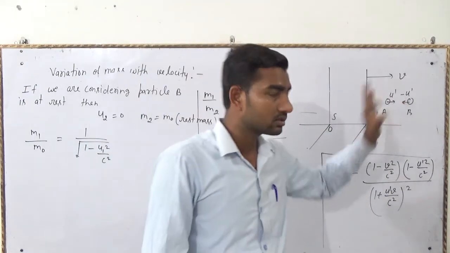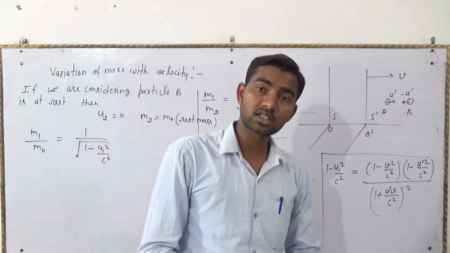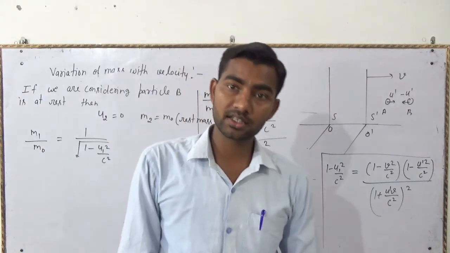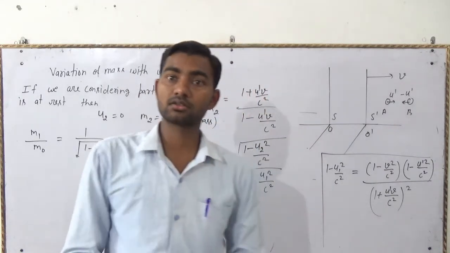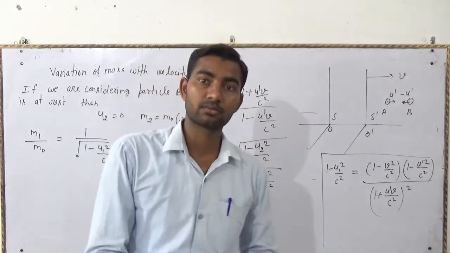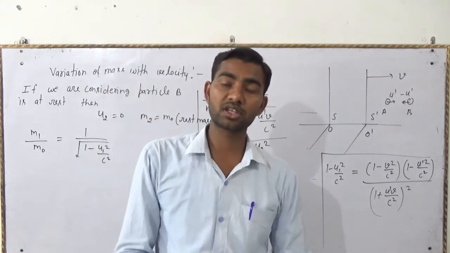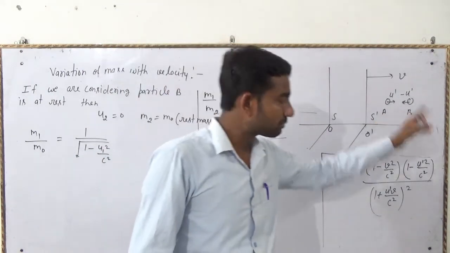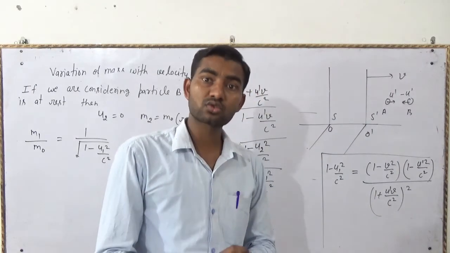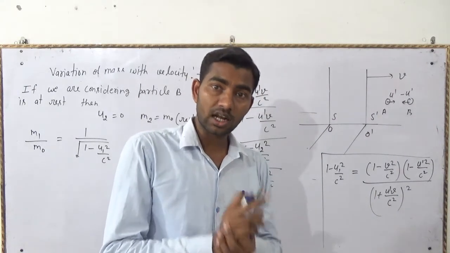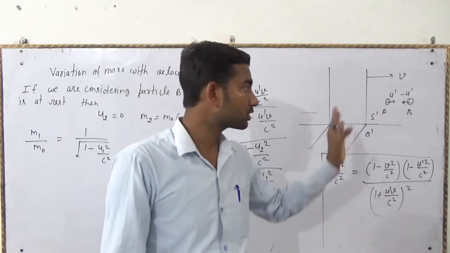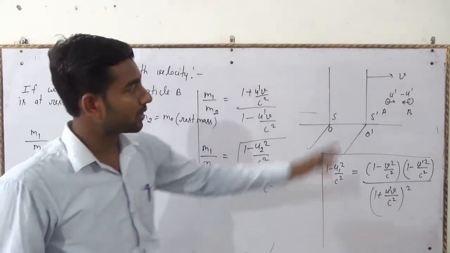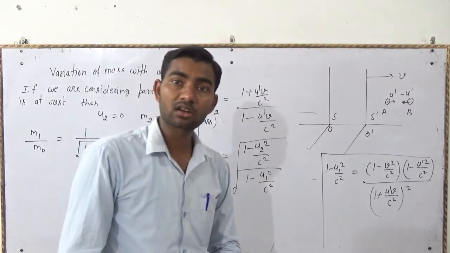If mass of one particle is m naught, because both particles are identical, it was my assumption in the starting, in the previous lecture, first part of this topic. So we have assumed both the particles are identical, and here we are telling you particle B has mass m naught, rest mass.